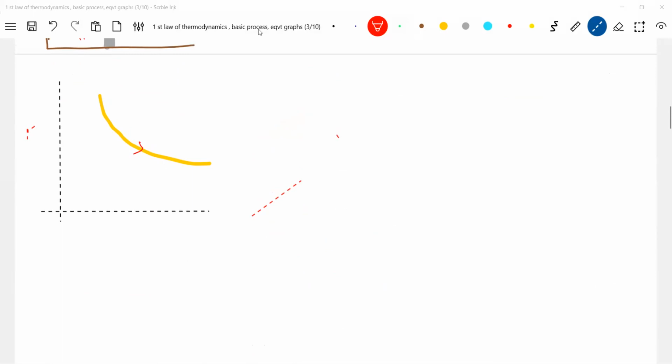Let me screen share again. This is Zoom. We have a problem. I'm not getting any controls here.